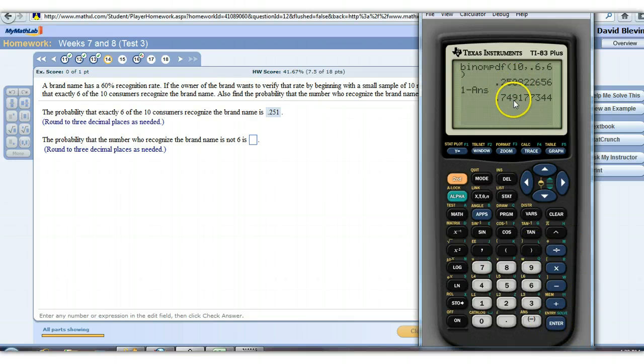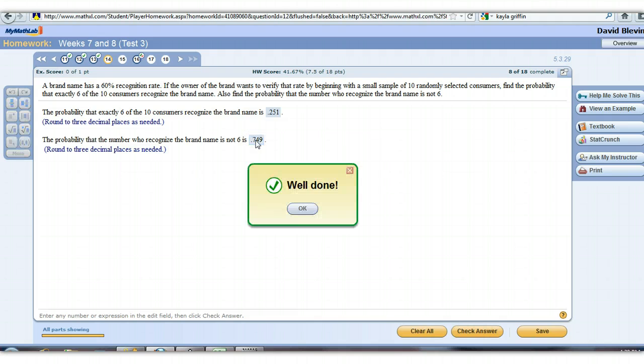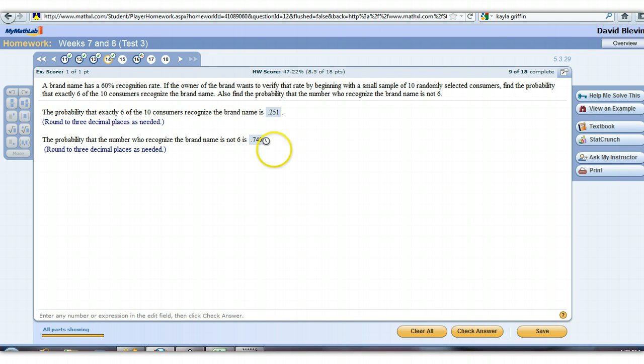So 0.7491, or to 3 places, 0.749, is the probability some other number occurs. Alright, so these are what we call complements, and complements always add to 1. So exactly 6, 0.251, not 6 or something other than 6, 1 minus 0.251 is 0.749.